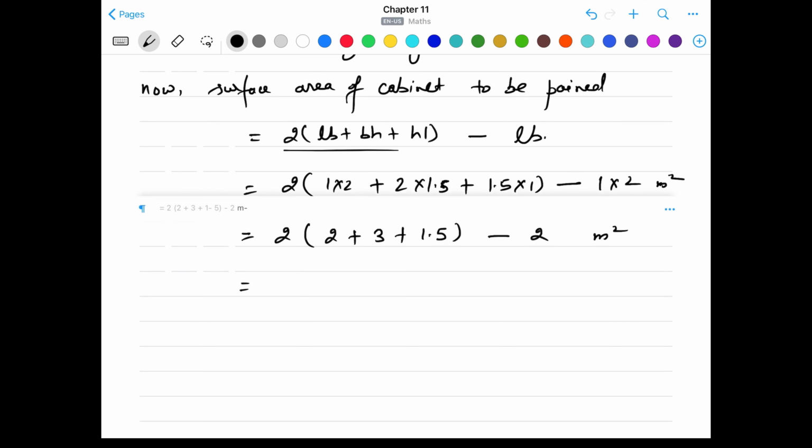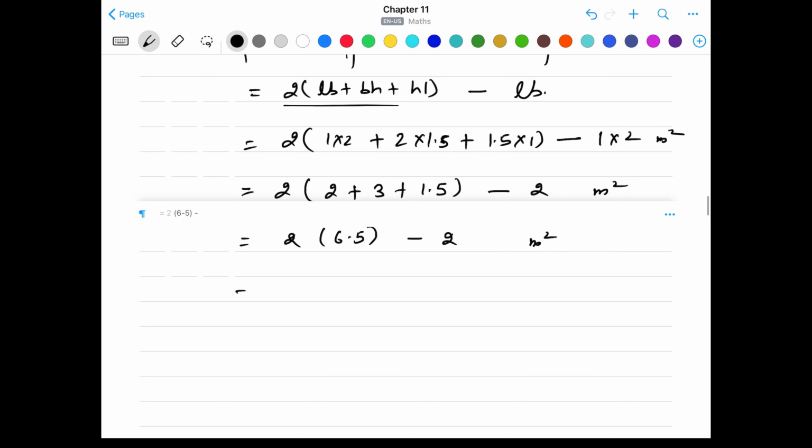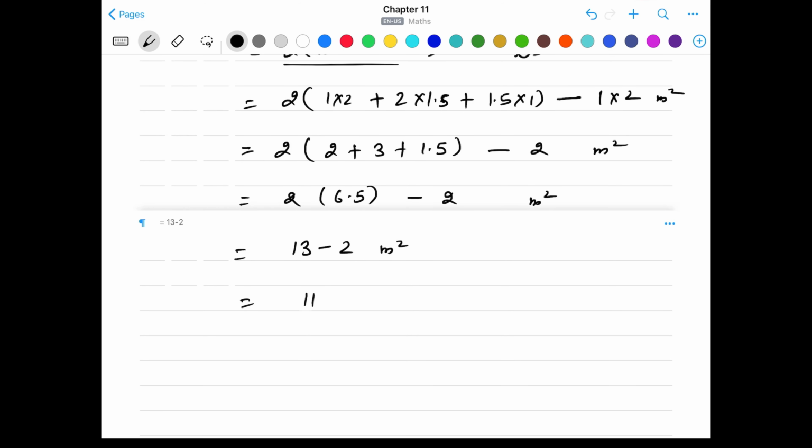Now let's solve this. We have 2 plus 3 is 5, 5 plus 1.5 is 6.5, then we have minus 2, and the common unit is meter square. So 6.5 into 2 gives us 13, minus 2 meter square will be equal to 11 meter square.